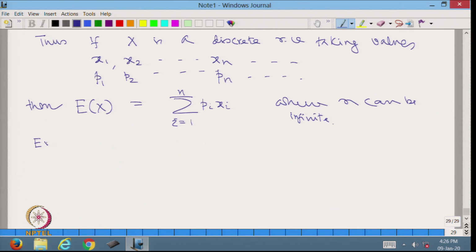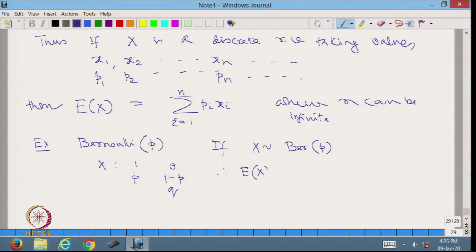Example: Bernoulli random variable with parameter p. So, we know that if x follows Bernoulli with p, then x takes two values 1 and 0 with probabilities p and 1 minus p, which we often write as q. Therefore, expected value of x is 1 times p, that is p.